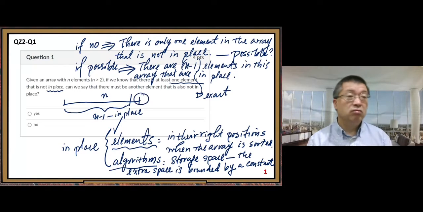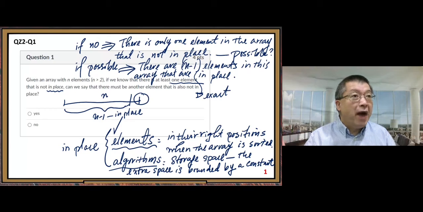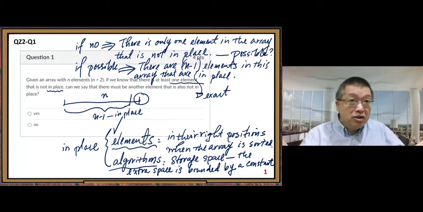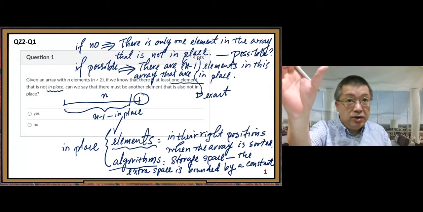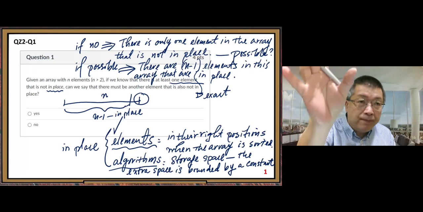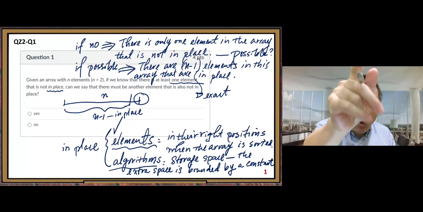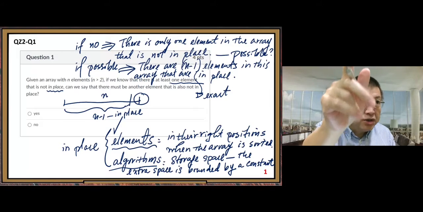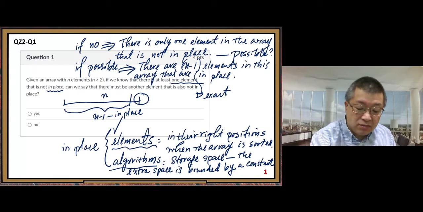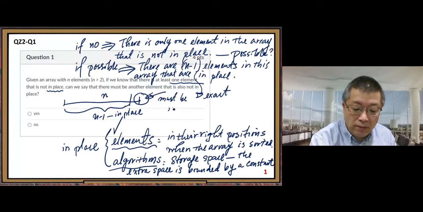How about the last one? The last element is supposed to be not in place, but it has no choice. Only one position is left. That element can only take that one position, but that position is also in place. Even the last one must be in place.